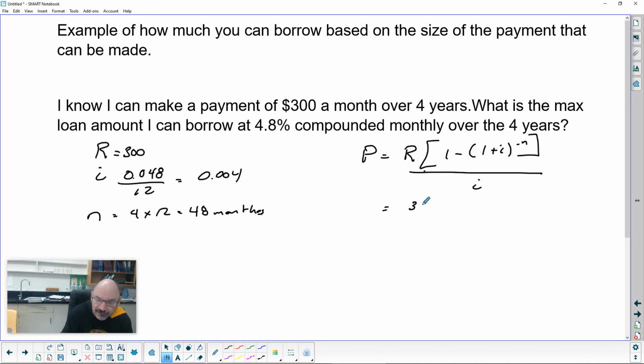Okay, so 300. Our interest rate added to the 1 to the power of negative, what was it again, 48.